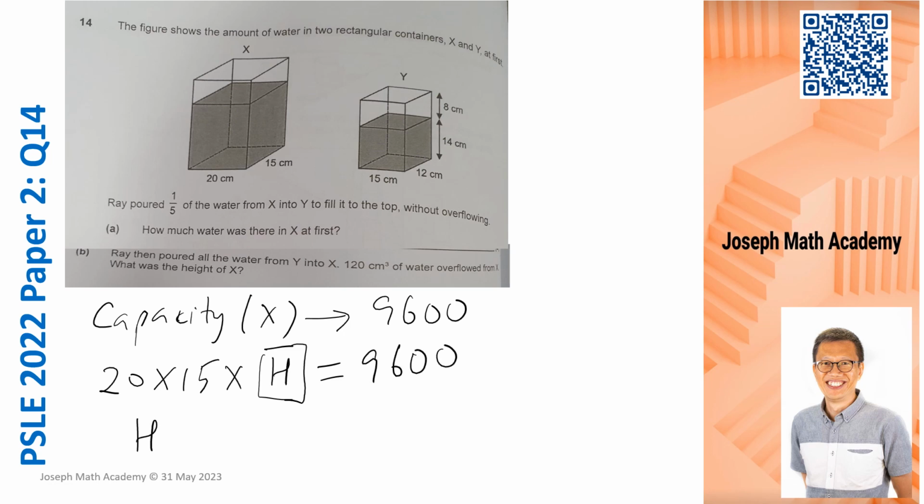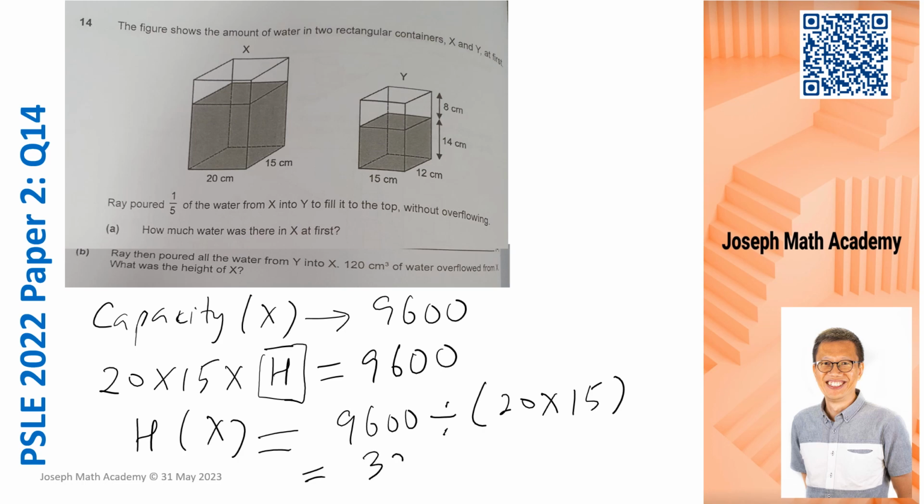So height of container X should be 9600 divided by length and breadth. It will give us 32. So the answer for part B would be 32 cm.